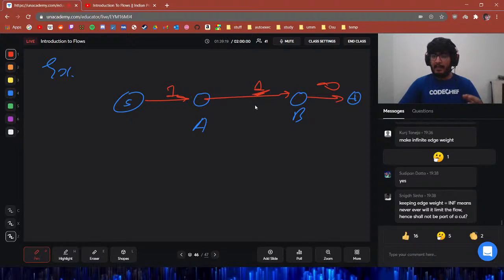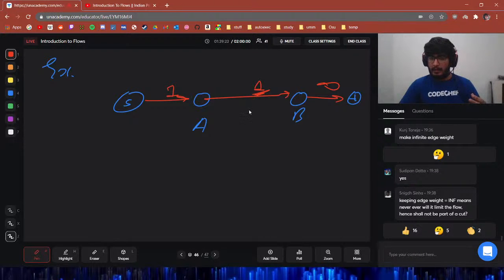Keeping edge weight equal to infinity means it will never limit the flow, hence it shall not be a part of a cut. In here, basically, this will never limit the flow that is going to be created, and hence it is never going to be a part of a cut. This is also a good way to look at it.